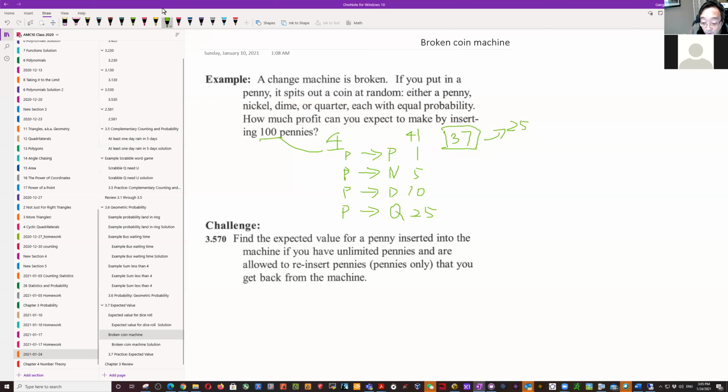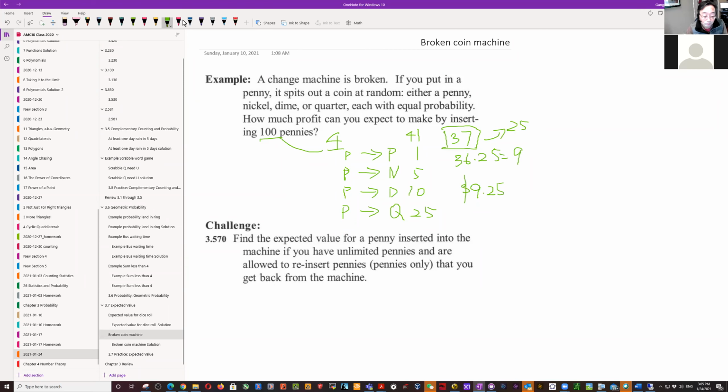So 37 multiplied by 25 is going to be $9.25.